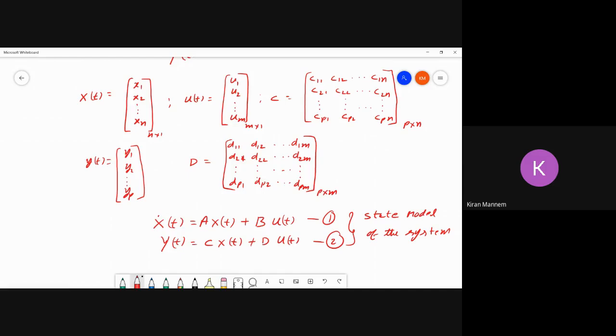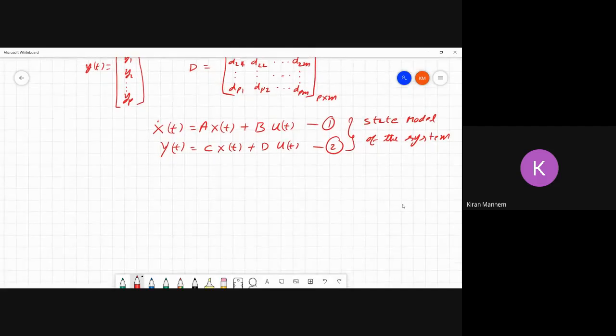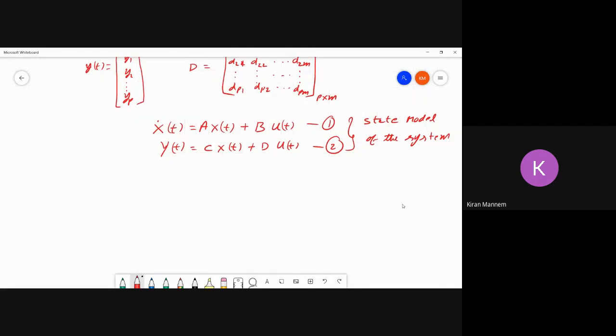Now let us draw the block diagram for these state equations. These are called state equations. We know the fundamentals of block diagrams. We should apply those fundamentals to draw the block diagram of these two equations. So what is the output here?